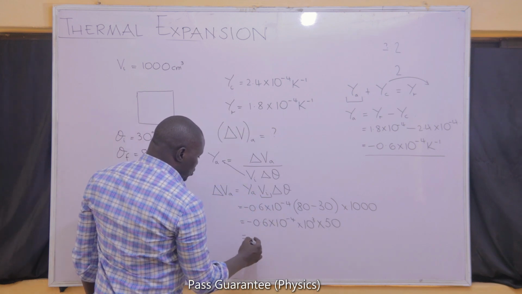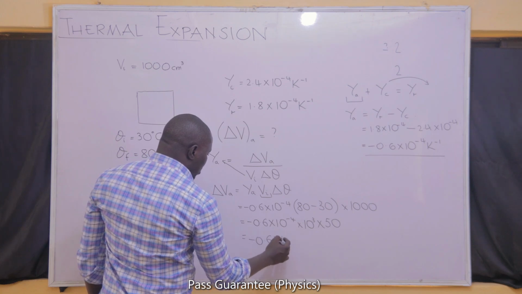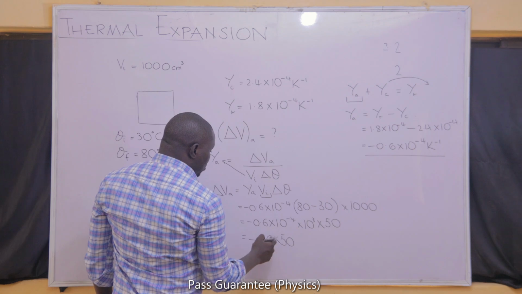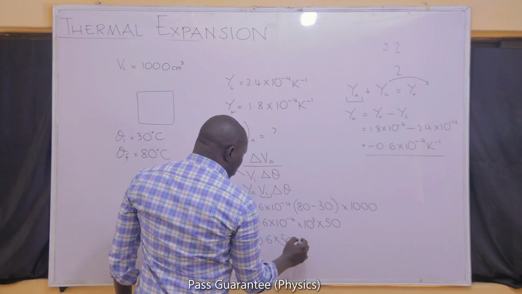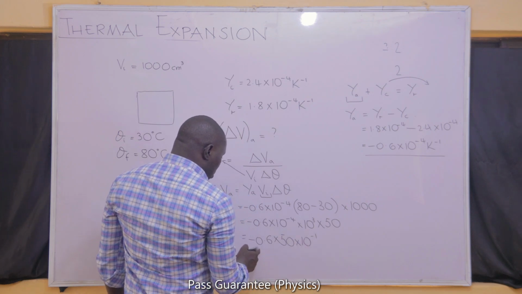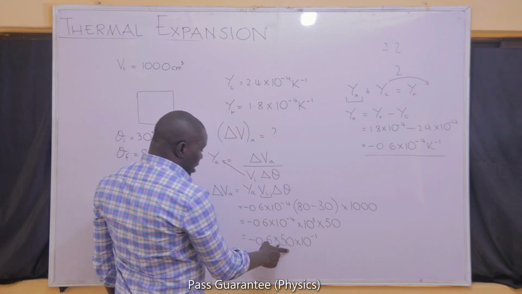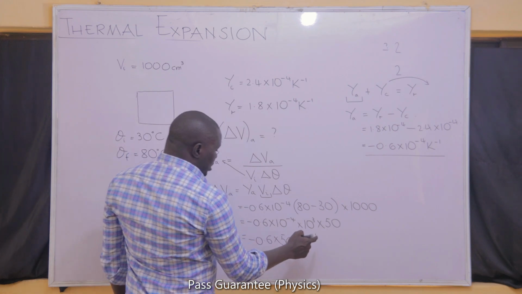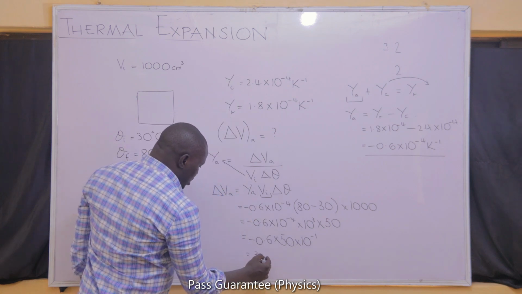If we bring that all together, we have minus 0.6 times 50 multiplied by the change in temperature, 10 raised to the power minus 4 times 10 raised to the power minus 3 will be 10 raised to the power minus 1. So we have minus 0.6 times 50, which should give us minus 30. Minus 30 times 10 raised to the power minus 1 should give us 3 centimeter cube.